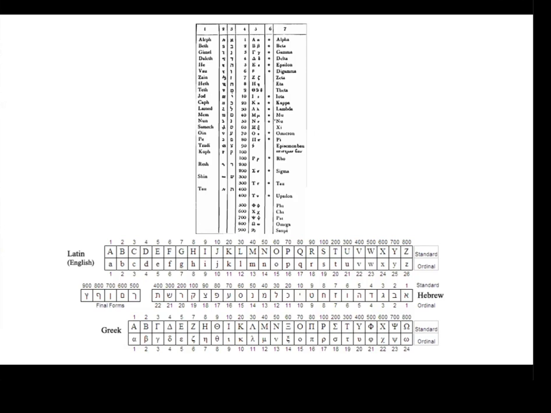Whether you're talking about the Hebrew, Aleph you end up with 1, and Bet you end up with 2, and so on. In the Latin, you've got A is 1, B is 2, C is 3. And correlated to that in the Hebrew, you have 22, 21, 20.